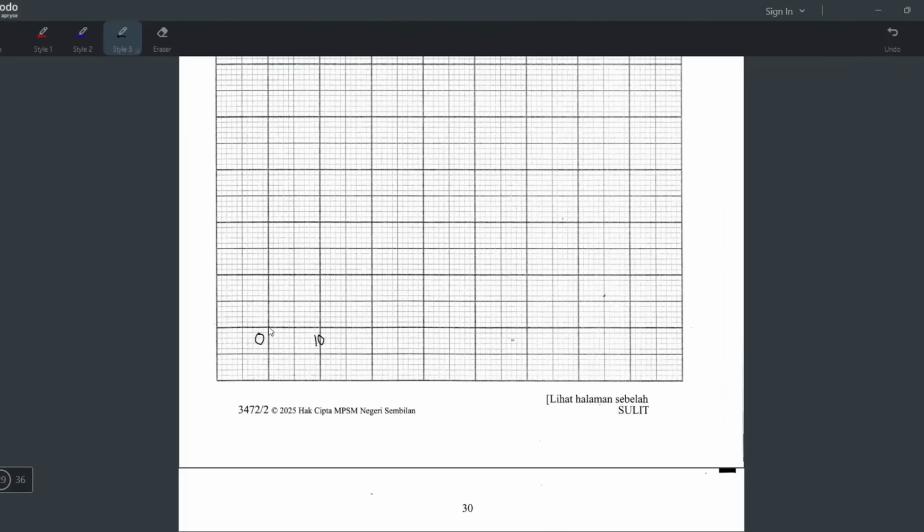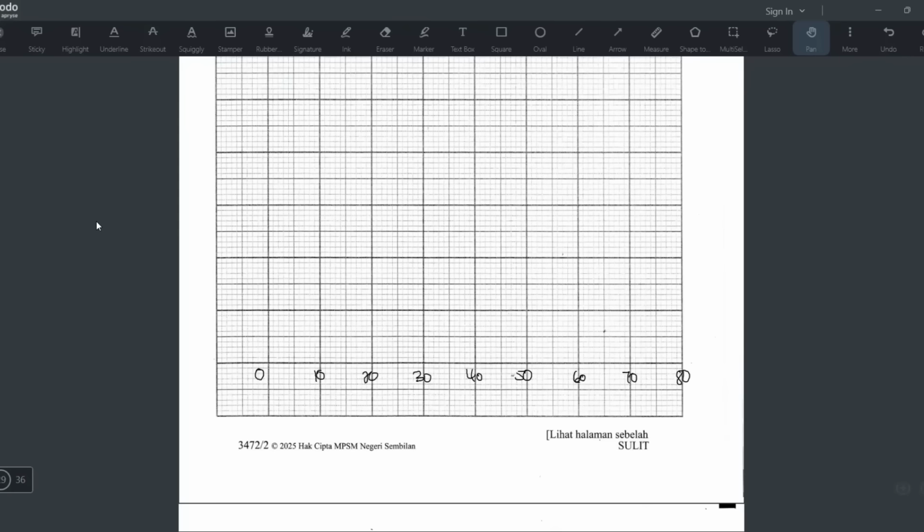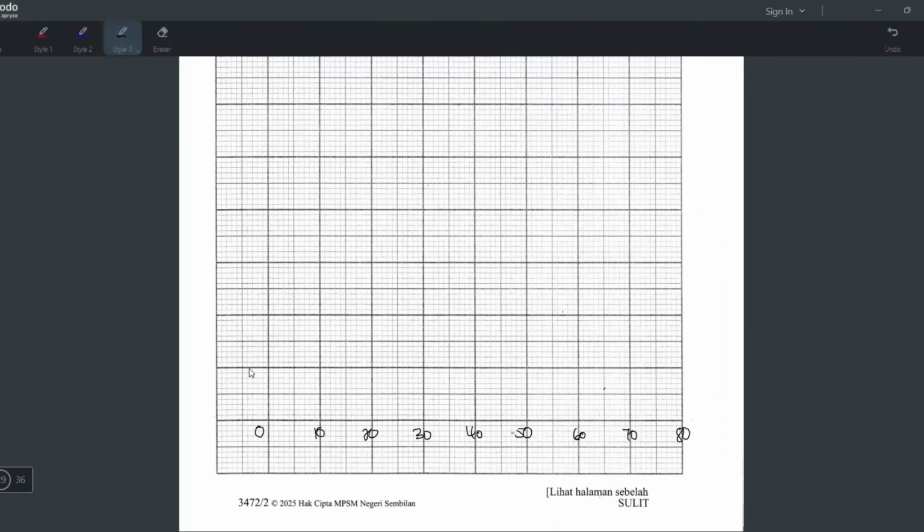And I always teach my students, here use 8 boxes, here use 10. Standard. Always. So it will be 10, 20, 30, 40, 50, 60, 70, 80. Okay, it exactly fits 80. Yeah, the graph paper they provide is always a bit small. But it's okay, we can use the side here. 30, 40, 50, 60.